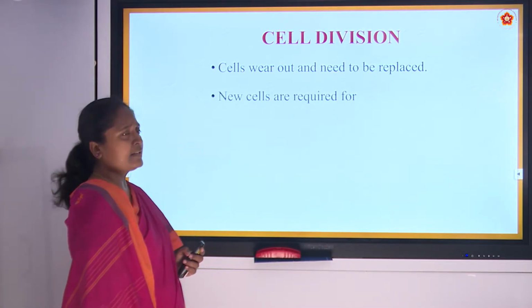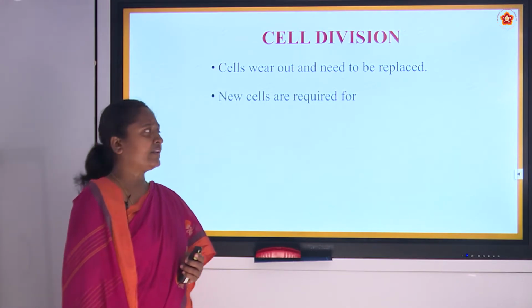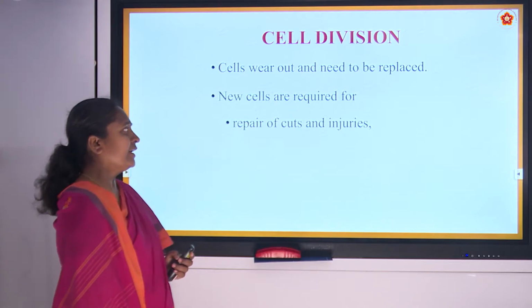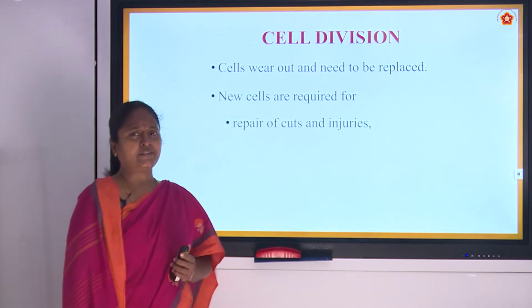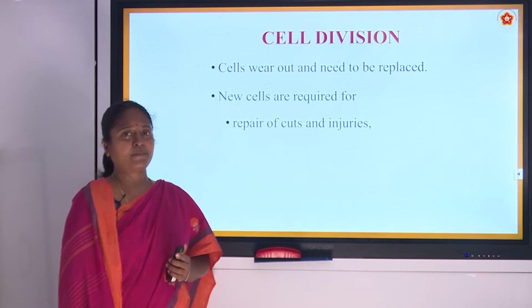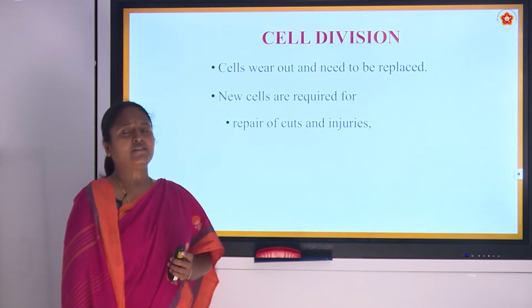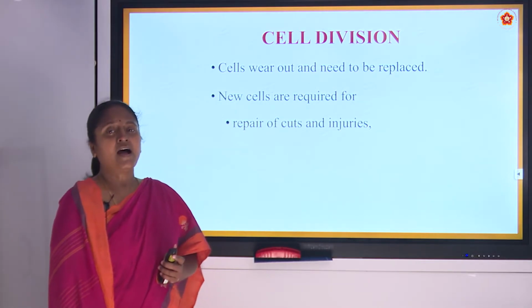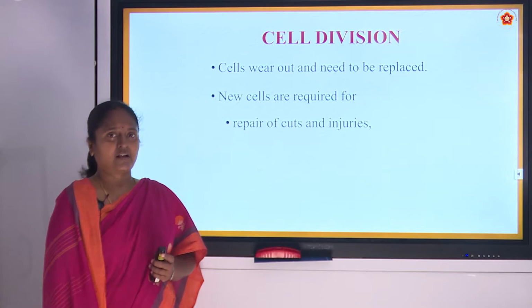The new cells are required for all living organisms for various purposes. The first one is repair of any cut or injury. We can see scar formation, right? When we are kids, we used to fall down and hit somewhere, so we have some scars. How have the scars formed?